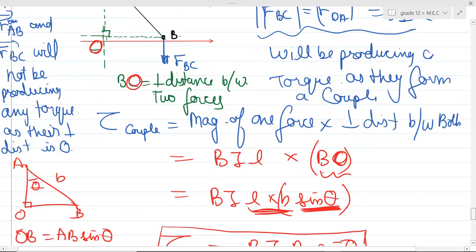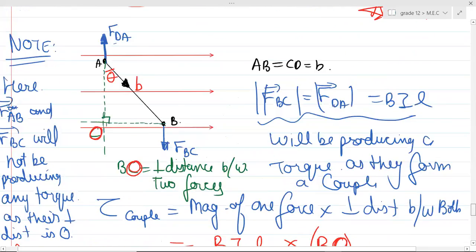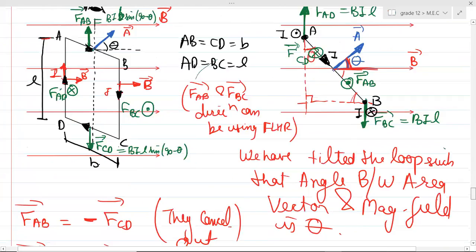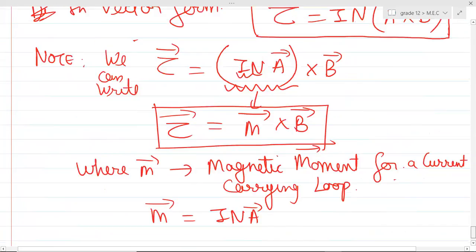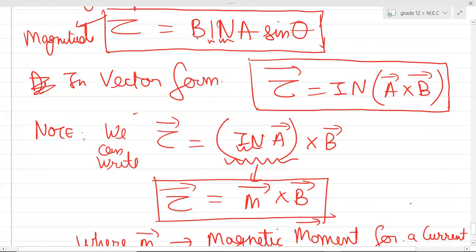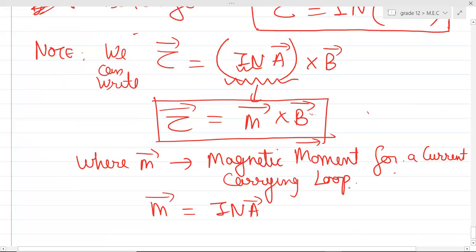The note written in blue, the magnitude of force on BC and the magnitude of force on DA sides.